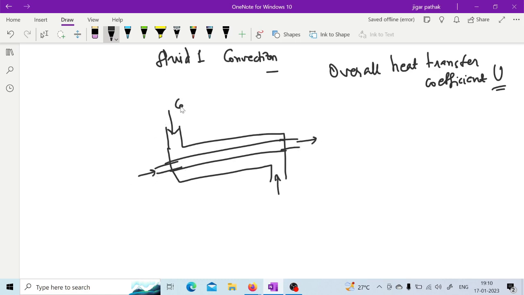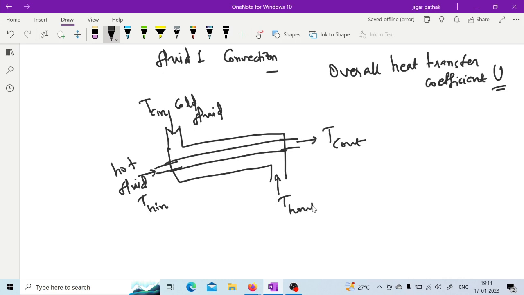Here let us say cold fluid, here let us say hot fluid. So here you may have TC in. If we are assuming parallel flow, then you will have here TH inlet and TC inlet, while here TC outlet and TH outlet. We will see what is parallel flow and counter flow, and this is shell and tube type heat exchanger. This also we will see, but for now you can consider this simple heat exchanger.